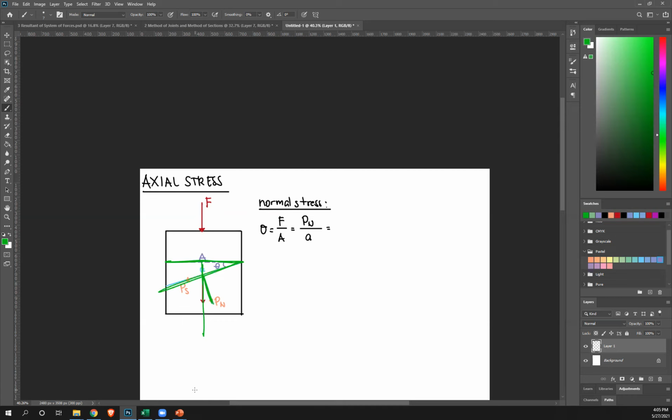And recall, if you have perpendicular angles, the angle between them is equal. So if this is theta, this is also theta. Once again, let's take this angle right here. This red arrow is perpendicular to this line. This Pn is perpendicular to this line. The angle between this is theta. Therefore, the angle between this should also be theta. So that is theta.